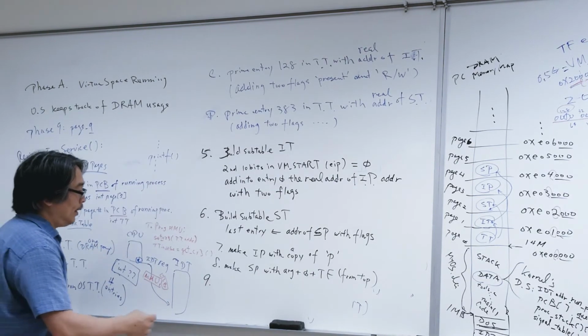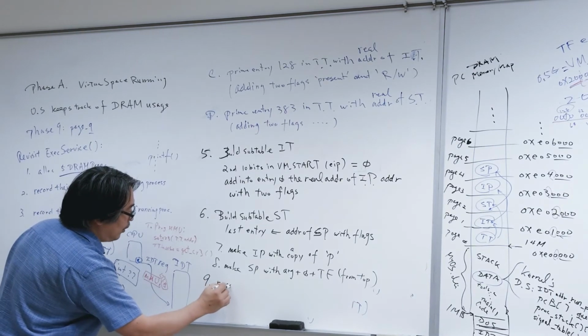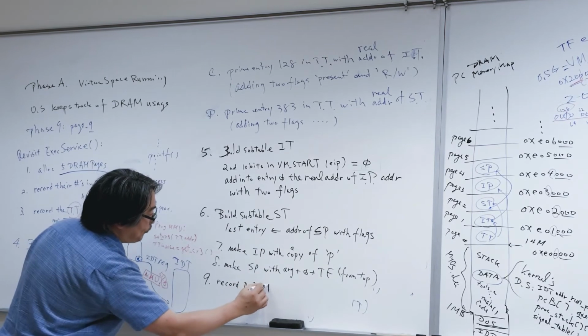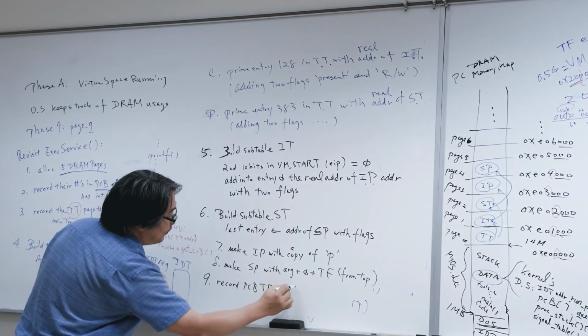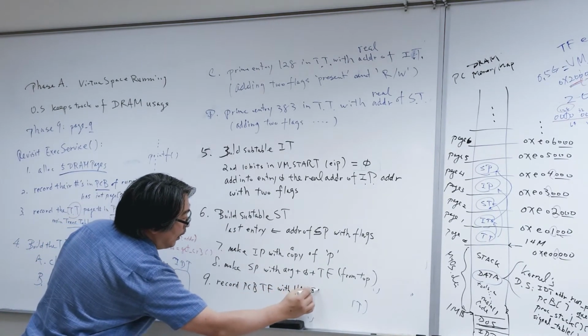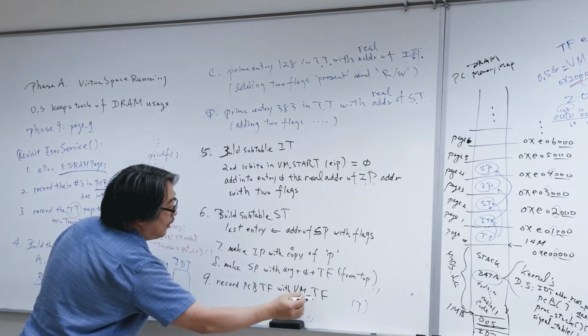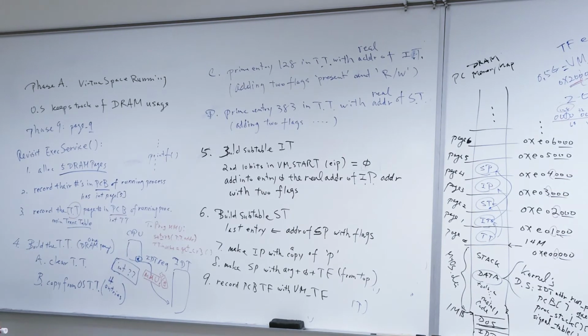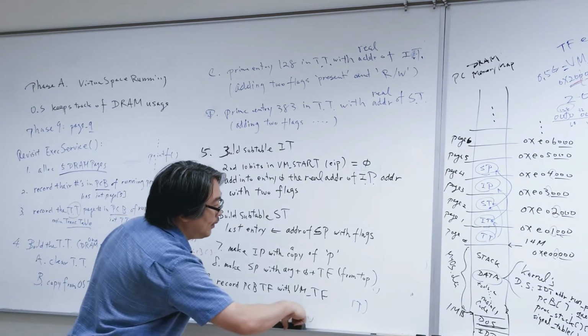We need to record the PCB track frame with the VM track frame. You define the constant VM track frame, will be easy. And VMN. The calculation using VMN will be the only place that VMTF is going to be used, in the macro, in the constant define.